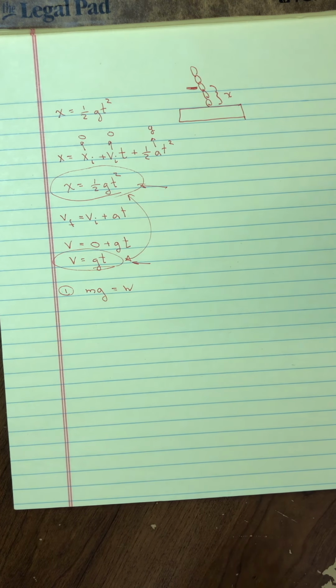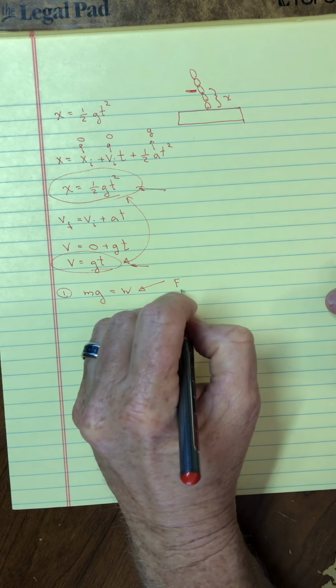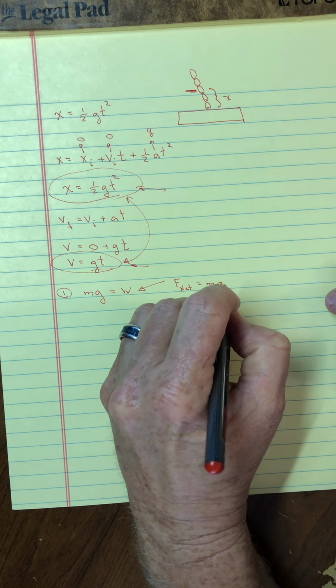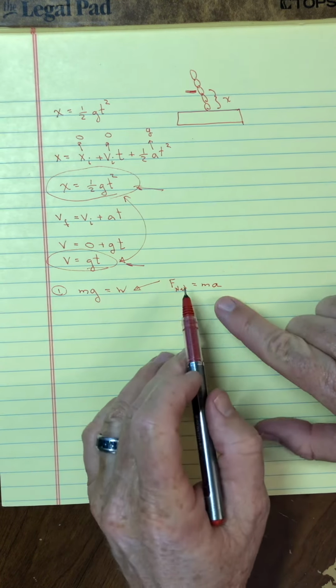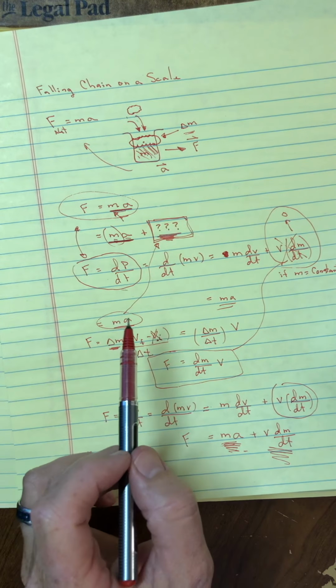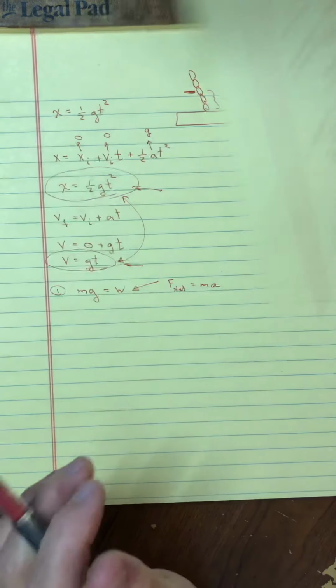Yeah, this is the weight of the chain. This is mg. This is, well, I guess what we did in chapter 5 when you said the net force is equal to ma. And of course, as I just went through in a long-winded discussion, we could have more complicated things where the mass changes, and I'm going to do that here in just a second.